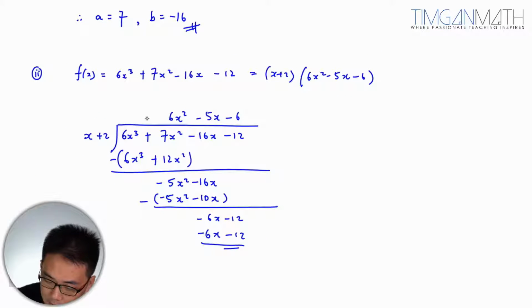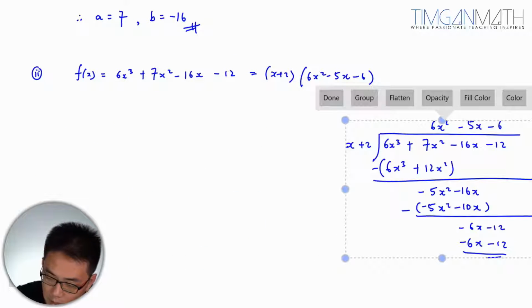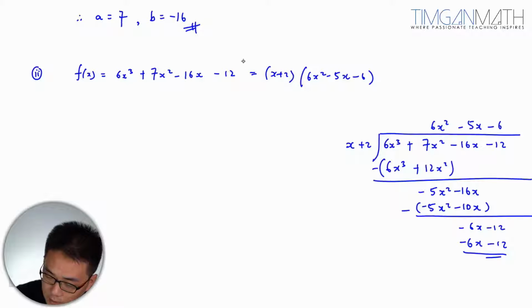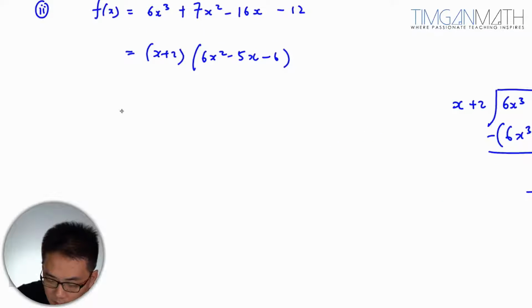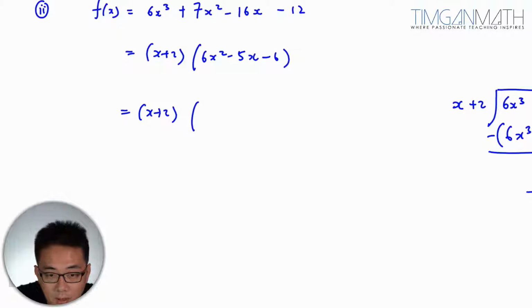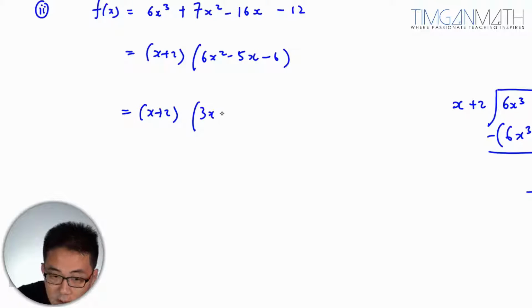This, on the other hand, would just be x plus 2, and this will just be 3x plus 2, 2x minus 3.